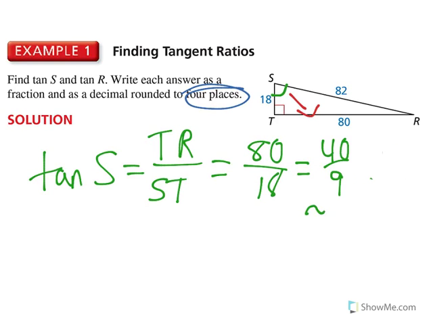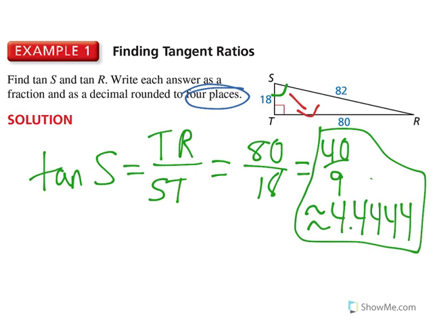It would be approximately 4.4444. So we have our fraction answer here, and we have our decimal rounded to 4 places. Then we also need to find the tangent of angle R.